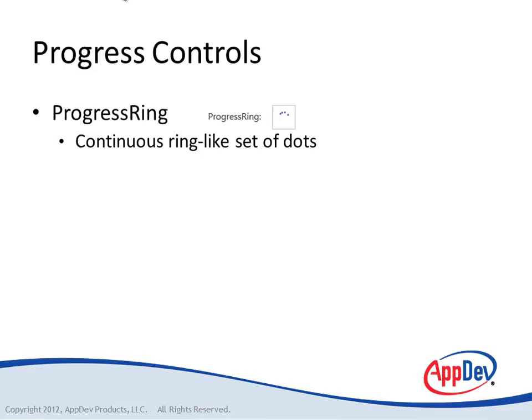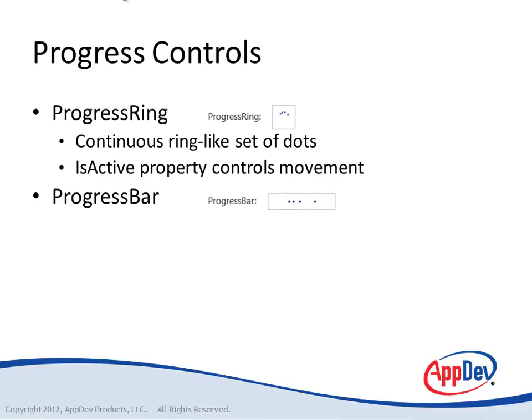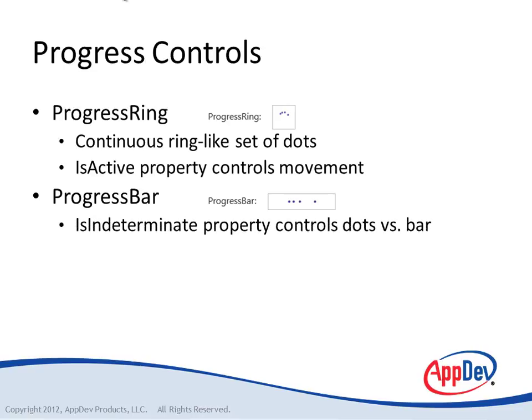It's a continuous, ring-like set of dots, and it has an isActive property which controls whether or not those dots are moving. There's a progress bar control that looks like a horizontal bar of dots. At least that's one way to look at it. And the isIndeterminate property controls whether we see dots or an actual bar.